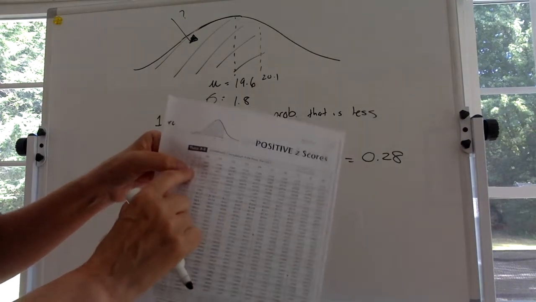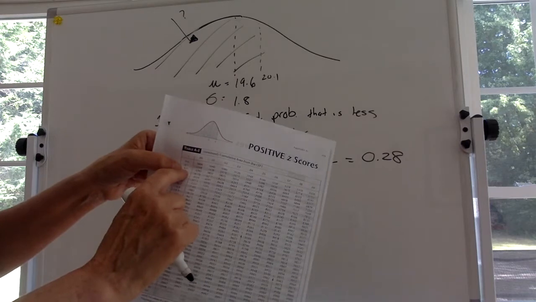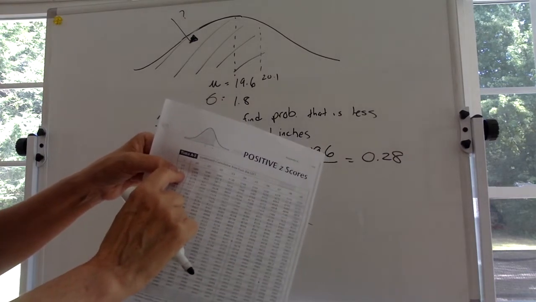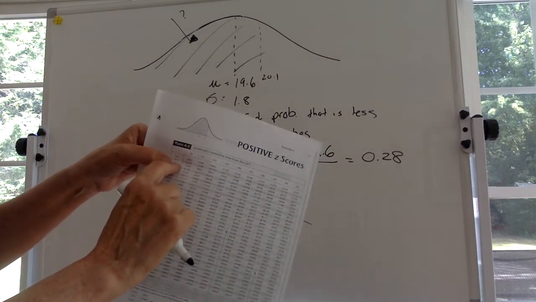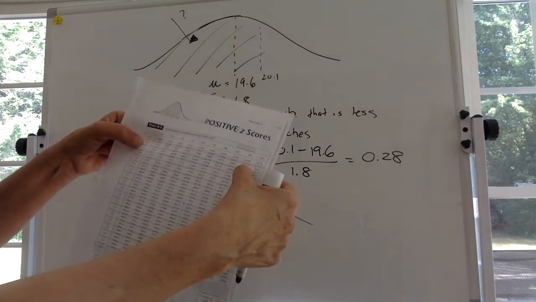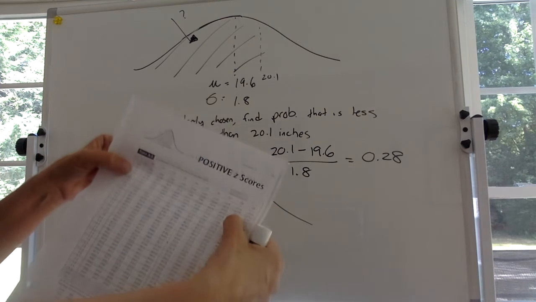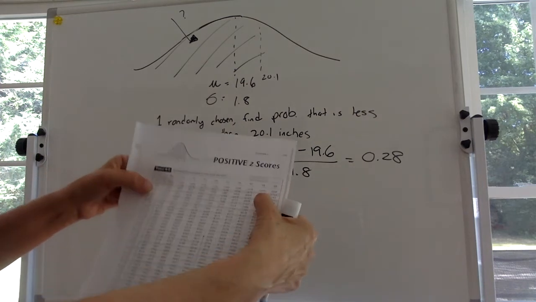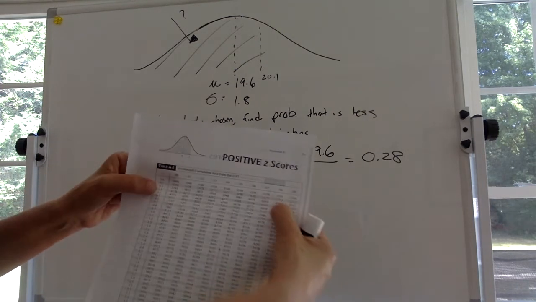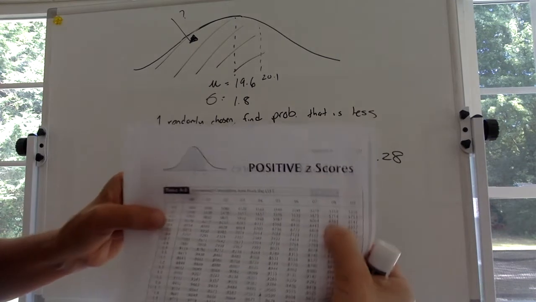But it's not just 0.2, it's 0.28. So you go across to where the 0.2 row intersects with the 0.08 column, because 0.2 plus 0.08 is 0.28.